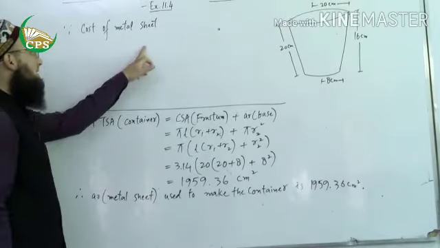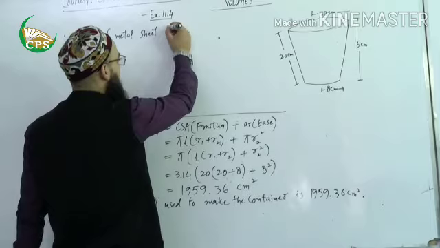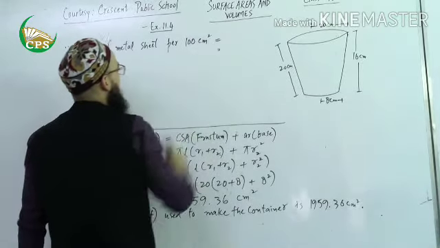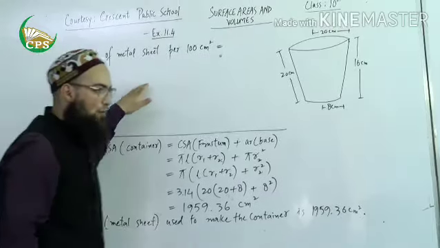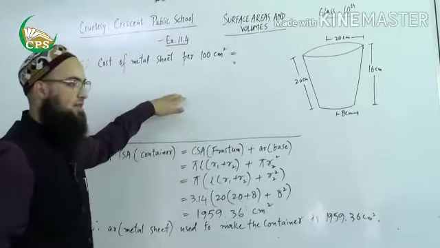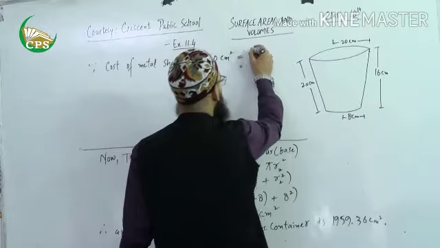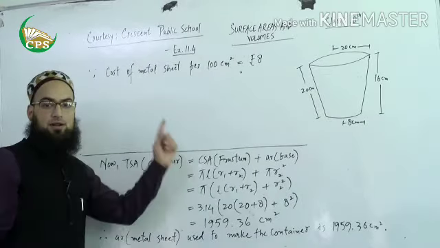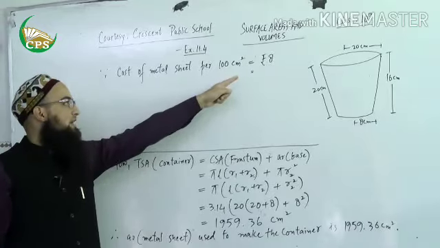Since the cost of metal sheet per 100 square centimeter is given, that cost of metal sheet per 100 square centimeter is rupees 8. This is given. Cost of metal sheet per 100 square centimeter is rupees 8.